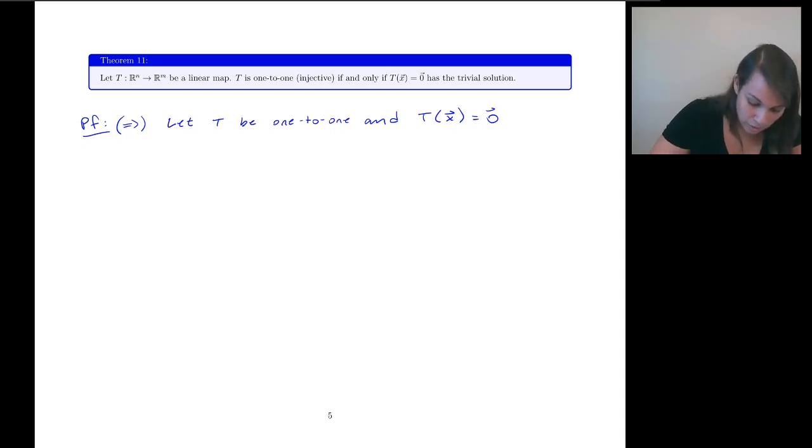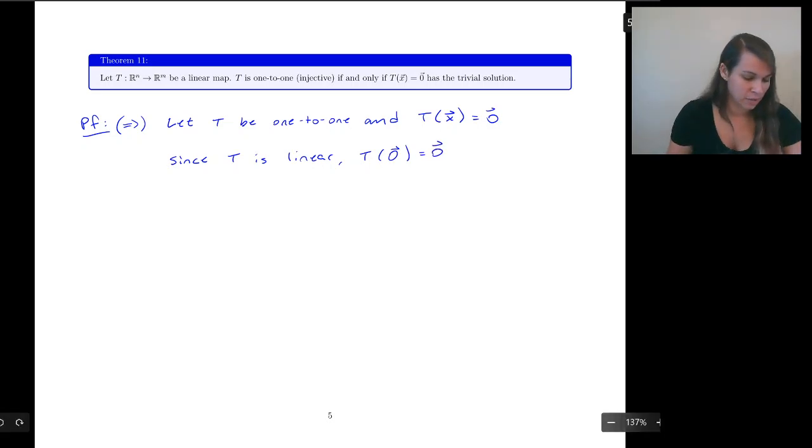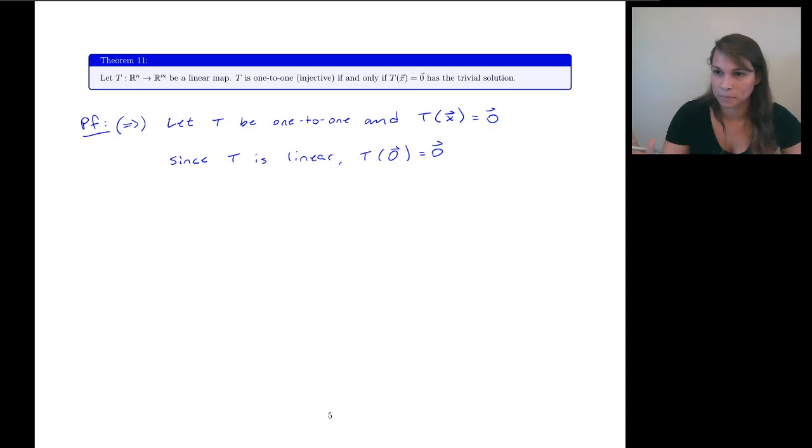So what we know is since T is linear, T of 0 equals 0. And that was from the previous lecture. Let's see. Yeah, that's the previous lecture. It was an orange box. You can go find it. Okay.